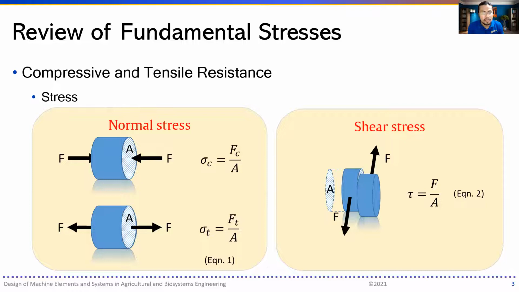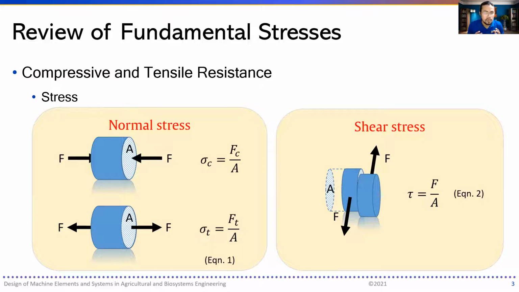And while they have a similar formula that can be used to determine their values with respect to a certain area of a material under stress, the difference is in the notation.